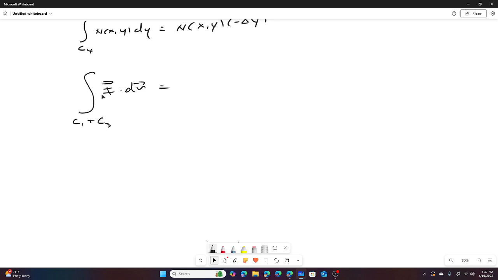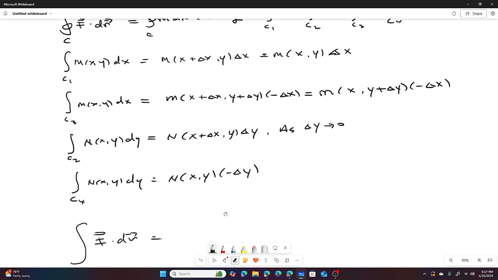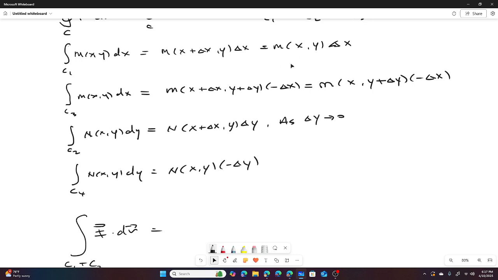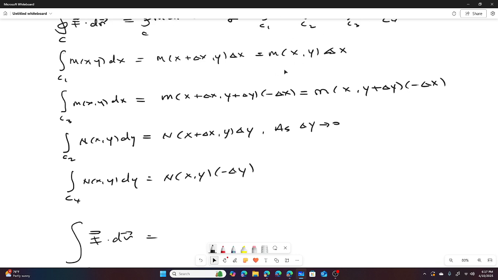C1 is going to be m of x, y, delta x, and then C3 is going to be negative m of x, y plus delta y, delta x.